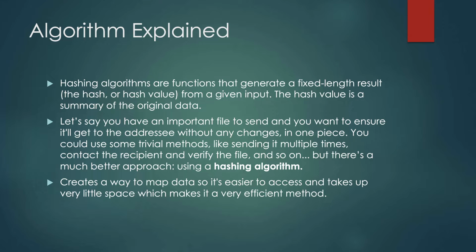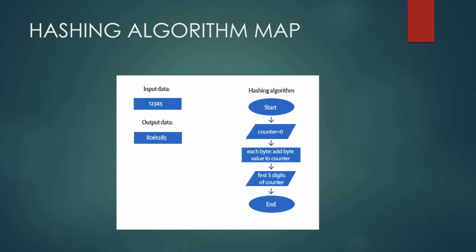But there's a way better approach, and this is where we come into using a hashing algorithm. It creates a way to map data so it's easier to access and takes up very little space, which makes it a very efficient method. Now I'm going to show you a little map of how a hashing algorithm works, a very simple one. Basically it starts with you entering input data.